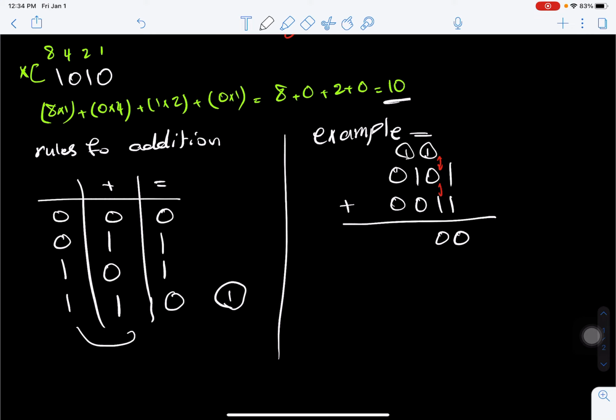Then again, 1 plus 1 is going to be 0 with the carry in the next one. I'm going to put the carry here, and then 0 plus 0 is 0, and then you have 1 plus 0, it's 1, and then 1 plus 0, it's still 1. So that's the number that you have at this point.